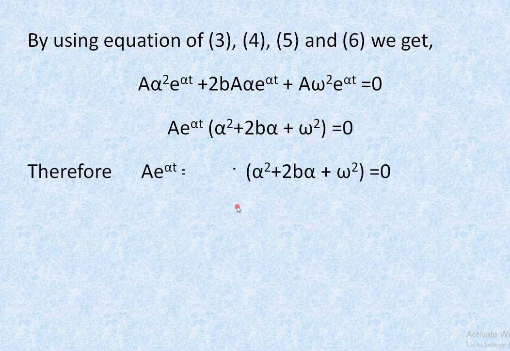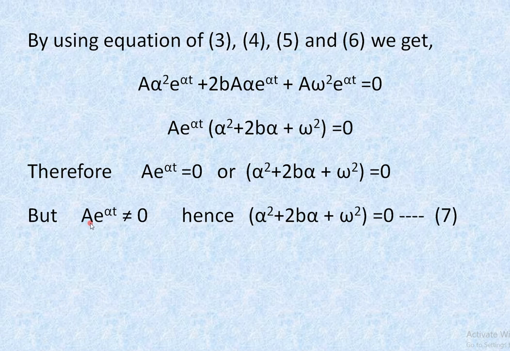This equation indicates that either a e raised to alpha t is equal to 0 or alpha square plus 2b alpha plus omega square is equal to 0. But we know that e raised to alpha t is never 0, hence alpha square plus 2b alpha plus omega square is equal to 0. This is equation number 7.